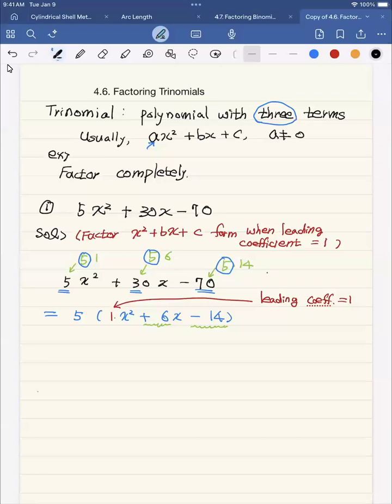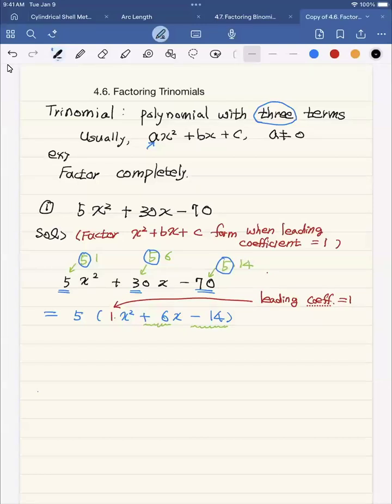We want to learn about factoring trinomials. Trinomials are polynomials with three terms. For example, that's like ax squared plus bx plus c, when the leading coefficient a is not equal to 0.